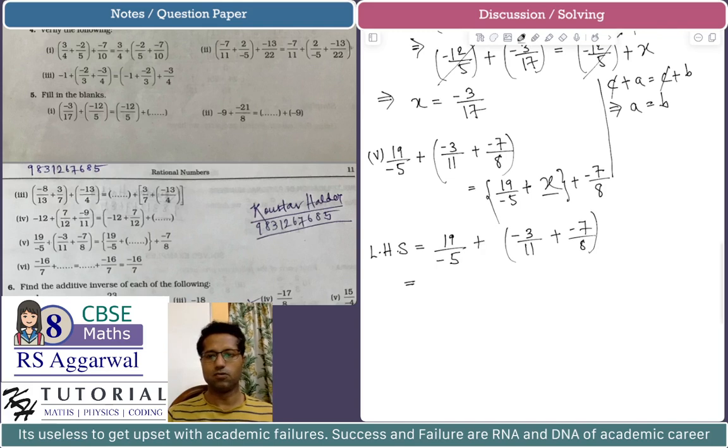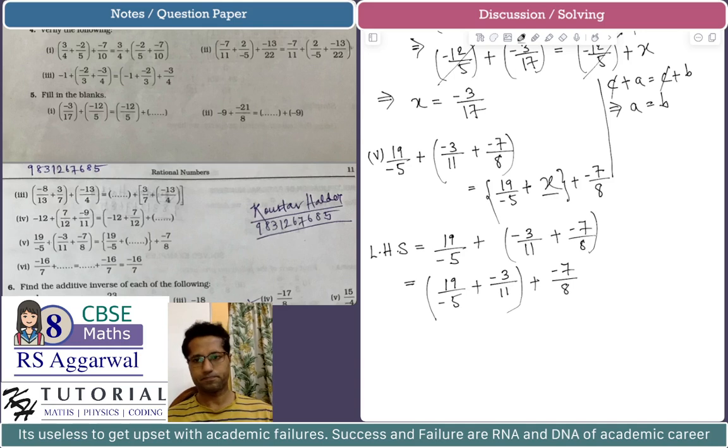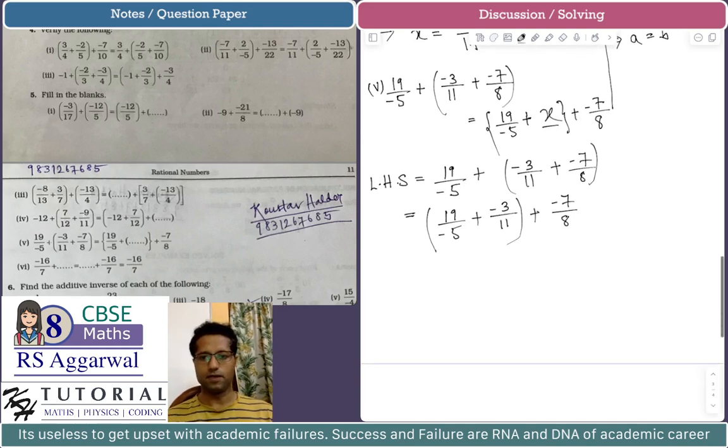So I can change the grouping. In the LHS, the given grouping is between the second and third rational number. I can change the grouping to group the first and second rational number. So I can say this is equal to 19 by minus 5 plus minus 3 by 11 plus minus 7 by 8. Okay. So I have transformed the given LHS to this one.